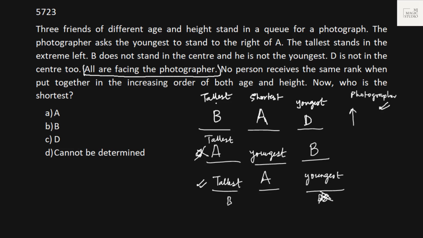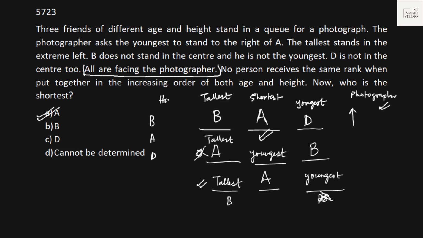It should be the shortest. A. Because if this is tallest, rank is 1. And if we give second rank in height to A, then D will receive the third rank in height, where D is also receiving the third rank in age, which is not the same. That means shortest should be A. And can we find the rank of all A, B and D?